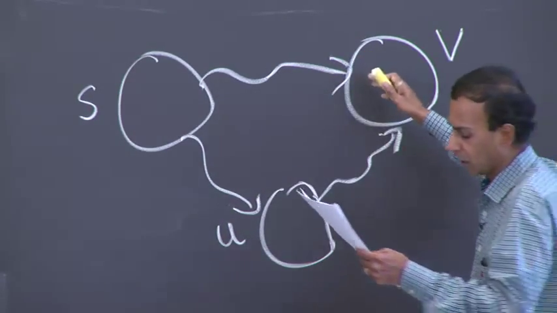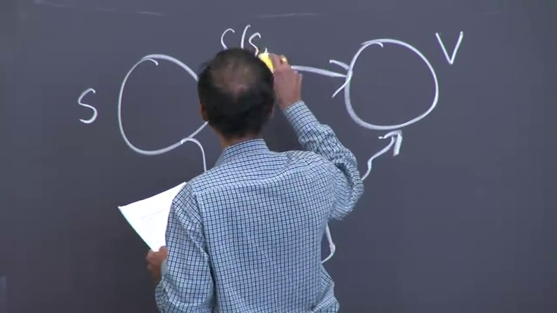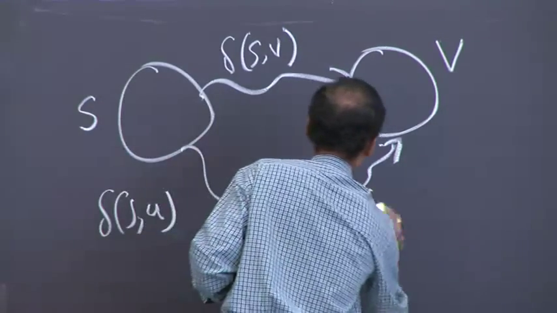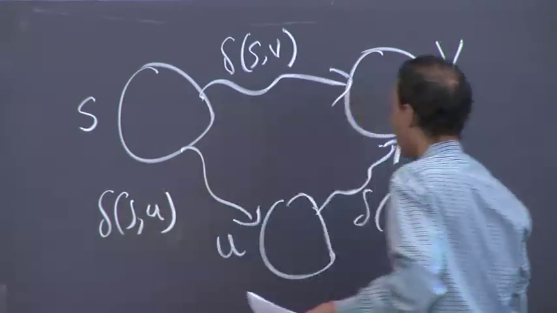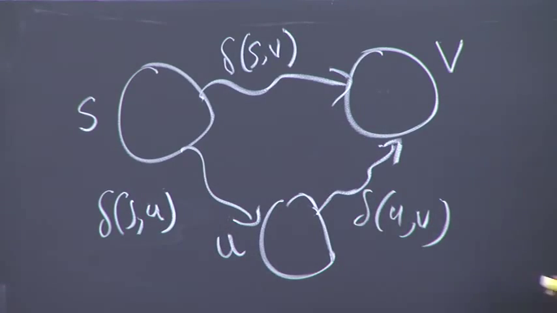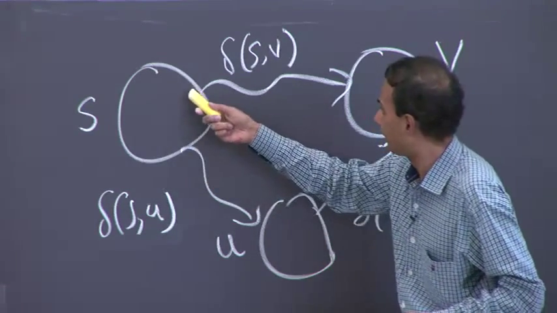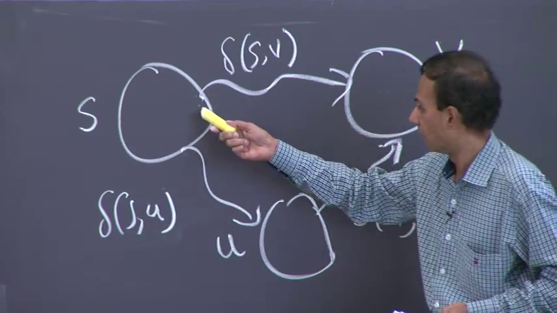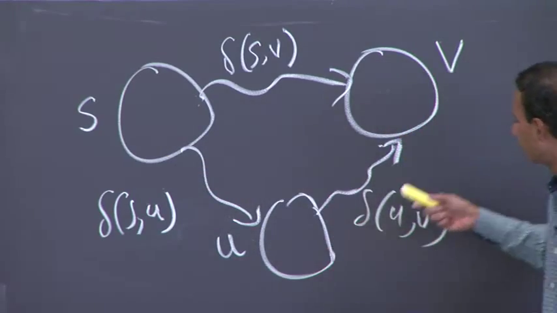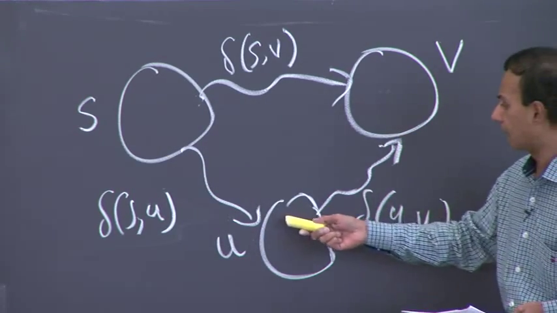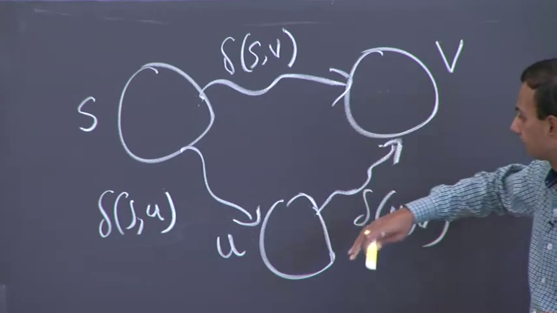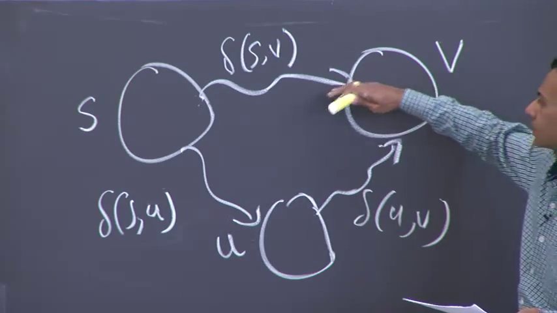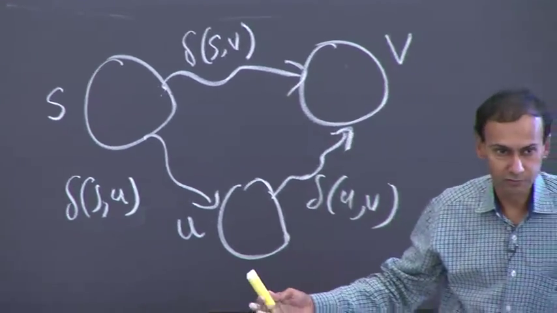It could be a single edge, but we think of this as a path between S and V. This is a path between S and U. This is a path between U and V. And in particular, if there's a way of getting from S to U and U to V that happens to be shorter than the best way of getting from S to V, well, that's a contradiction, okay?